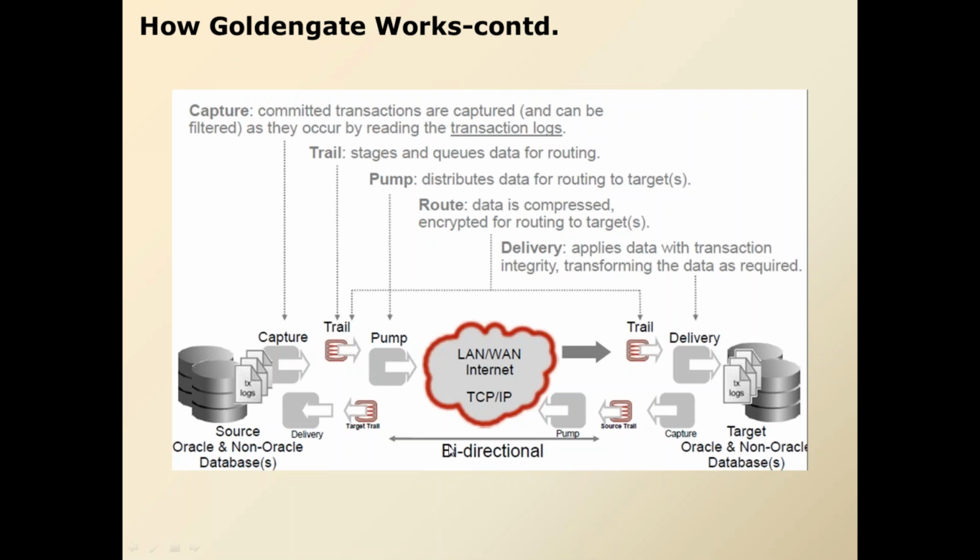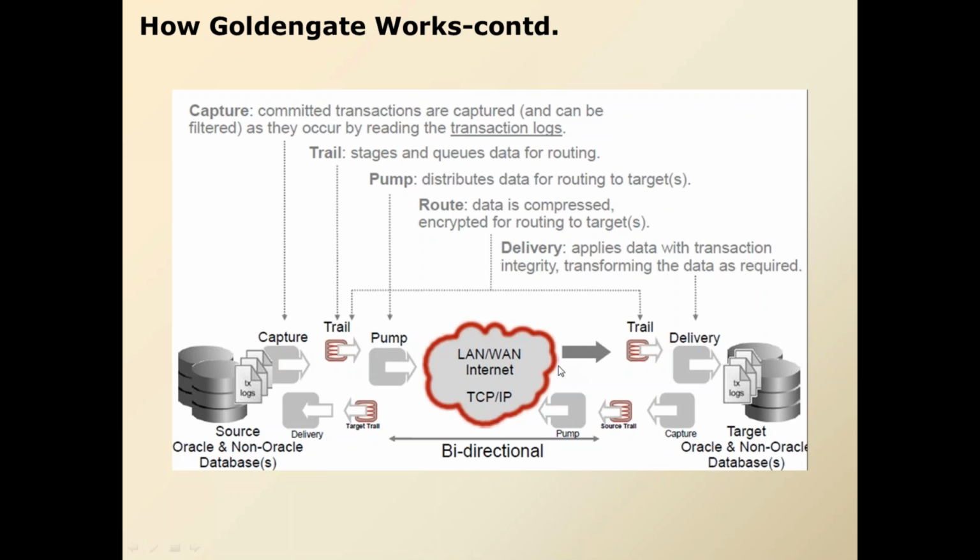The pump will read the data from the local trail and write it to the remote trail on site A, and then the replicate process on site A will read the data from the remote trail and apply it to the site A database. So in a bidirectional environment, you have capture, pump and delivery processes on both sides.